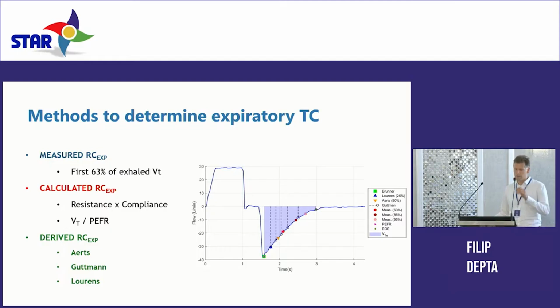Hamilton ventilators derive the time constants from the early exhalation, so from peak expiratory flow to 75% of the volume. So they do show the time constants, but they use it mostly for intelligent optimization. Measured time constant is rarely displayed on ventilators, only on some.